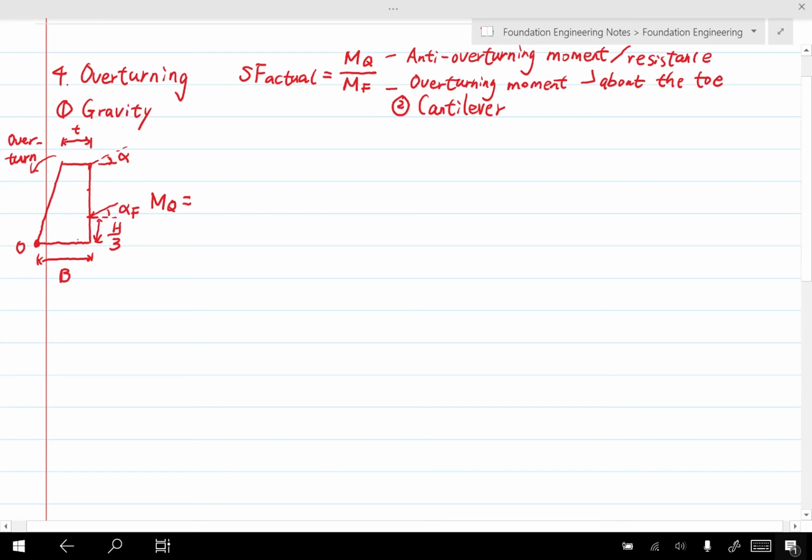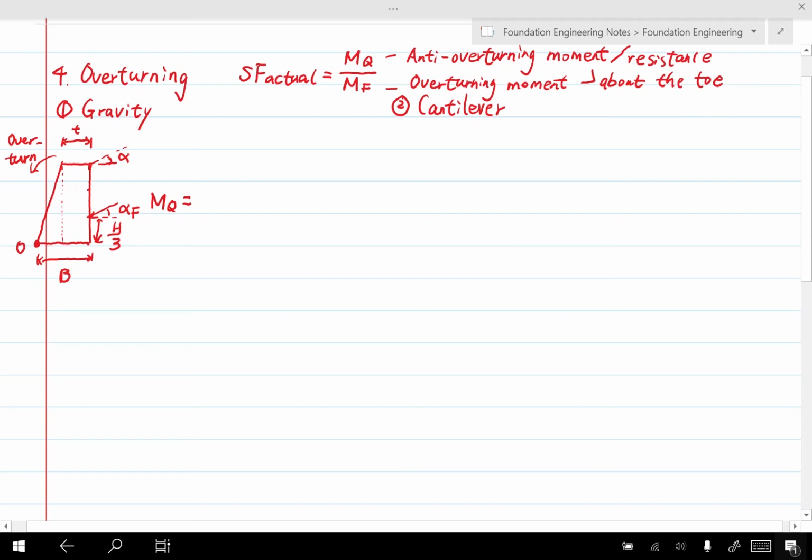But in order to simply calculate the weight, here we're going to use this technique. We will divide the region of the wall into multiple regions with simple shapes, either triangle or rectangle. Because for a triangle and a rectangle, we know the centroid of it. If you do a trapezoid directly, it's difficult. And sometimes if we have an inclined back, that will make it more challenging. If it's inclined, you're going to need to generate another triangle here.